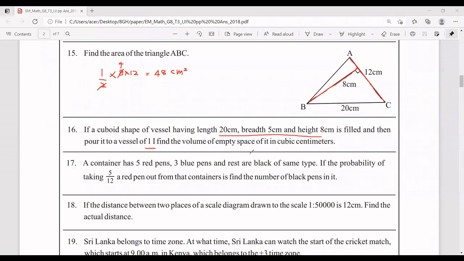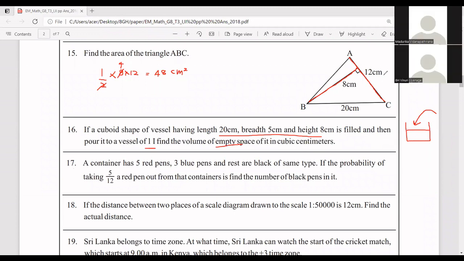Find the volume of the empty space of it in cubic centimeters. That means there's a vessel. We put some liquid into that vessel. So here you have to find the empty space.